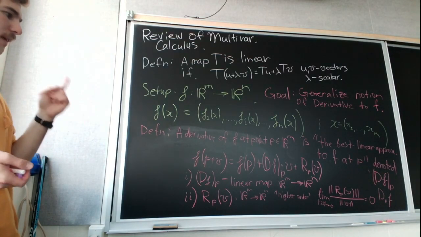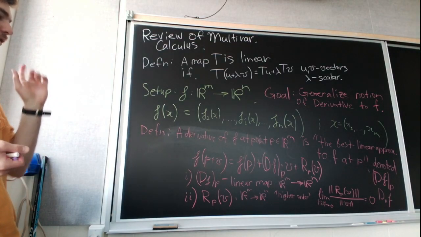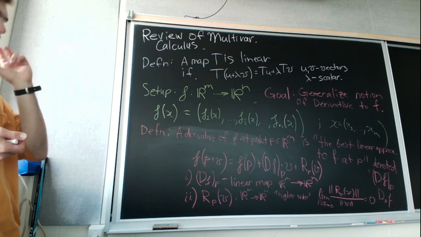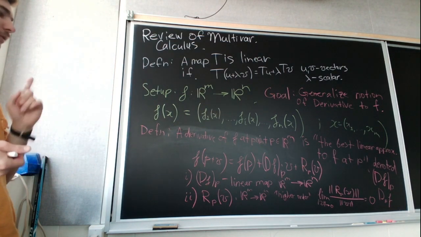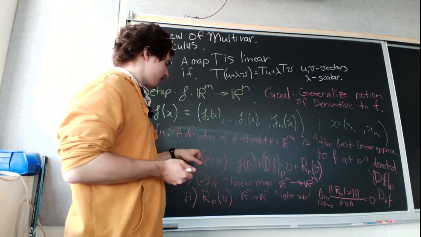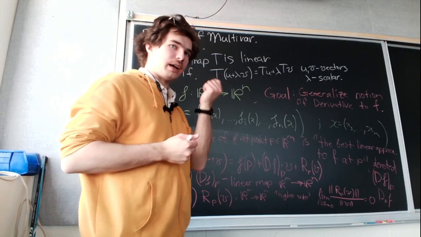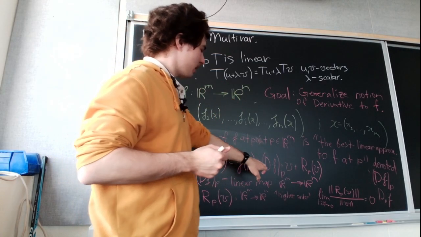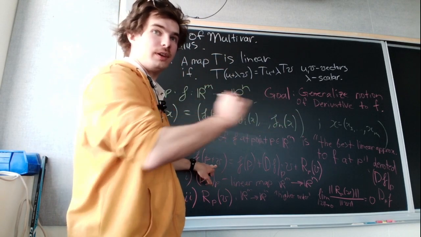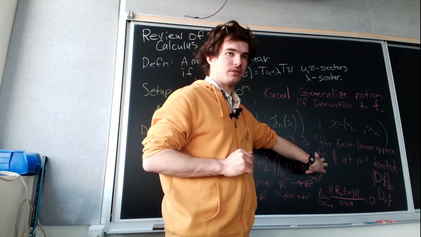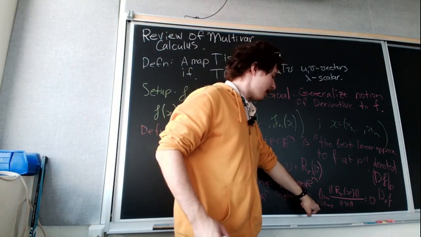So the claim is dfp is some linear map, and the claim is that this linear map is the derivative of my function f at point p, if I can write down f of p plus v as the value where I start, plus this linear map applied to v, plus some other piece, where the claim is that this other piece has to be of higher order.